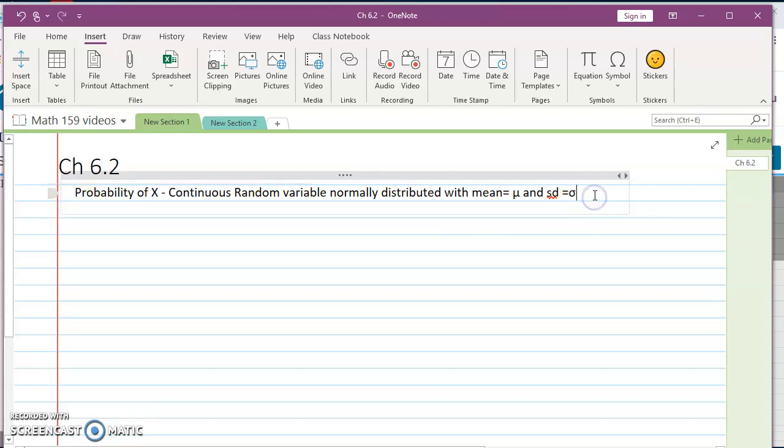The idea, which we talked about in 6.1, is that for any continuous random variable that is normal, the probability of a range of x is what we are interested in. We cannot find the probability of a certain value of x, but a range of x.